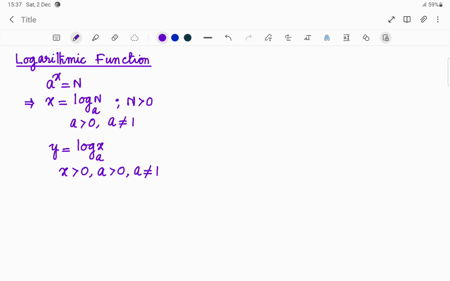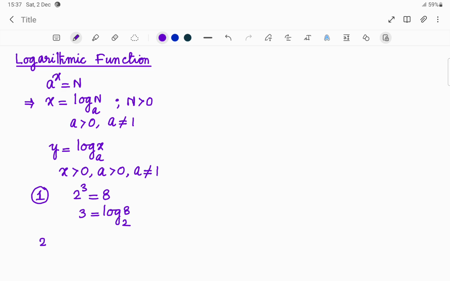Let us see some examples. Suppose 2 power 3 equal to 8. So from this you can write 3 is equal to log 8 base 2. Okay.